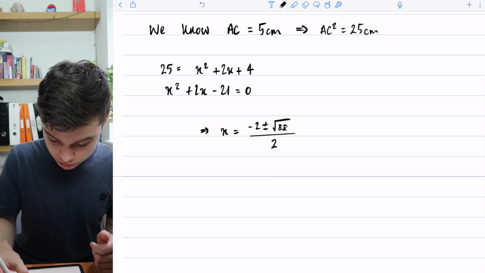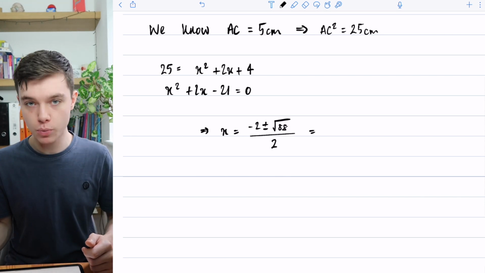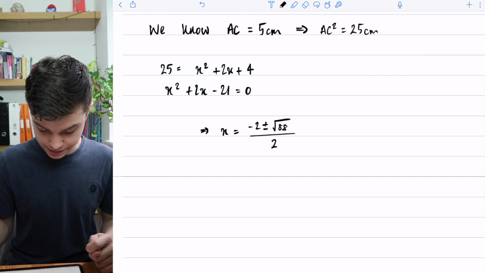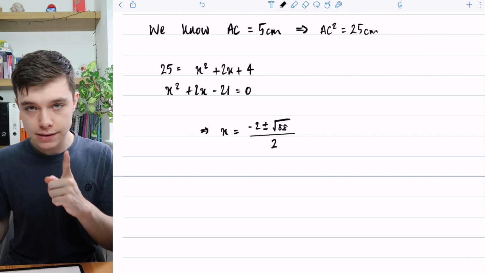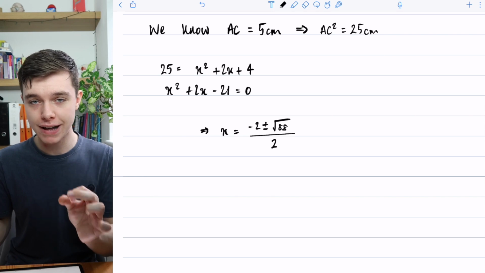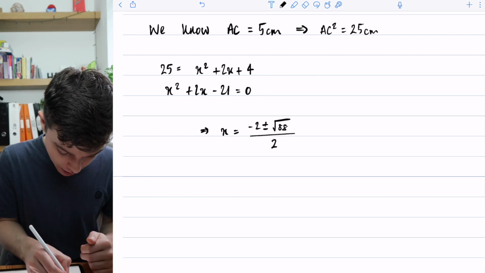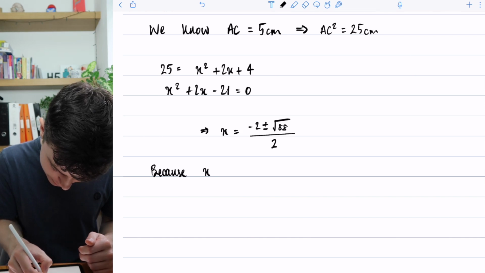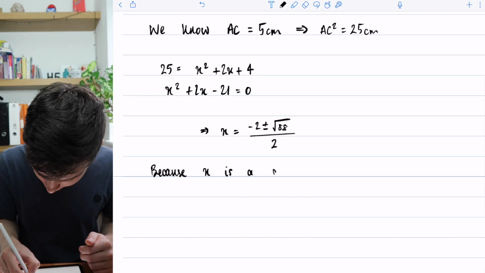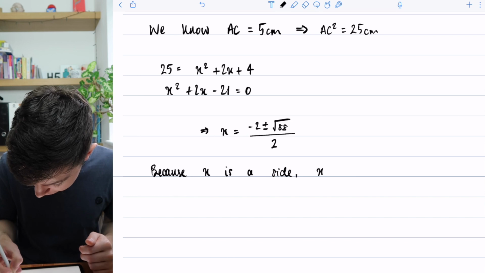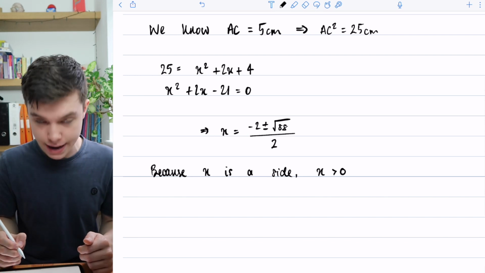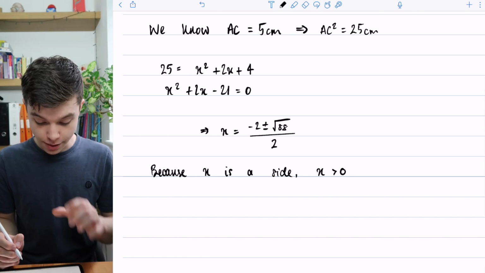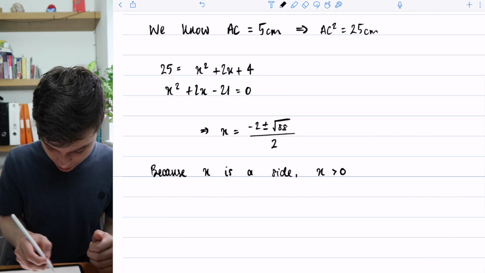And then that's going to give you 2 answers, but we're only going to take one answer, actually. And the only answer we're going to take is the positive value of x. So because x is a side, x has to be greater than 0. So we're only going to take the positive version of that, okay?